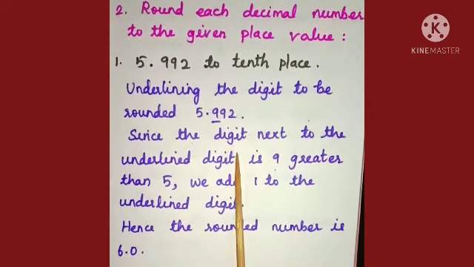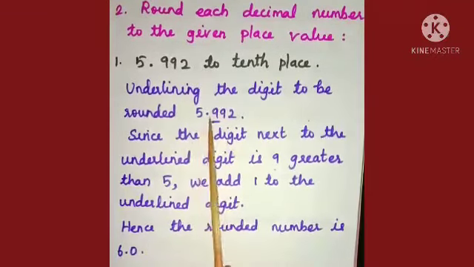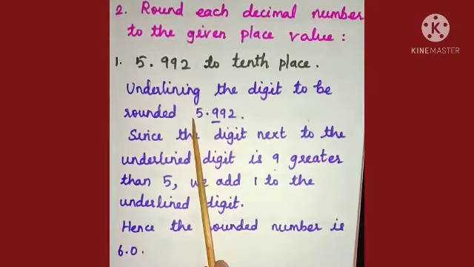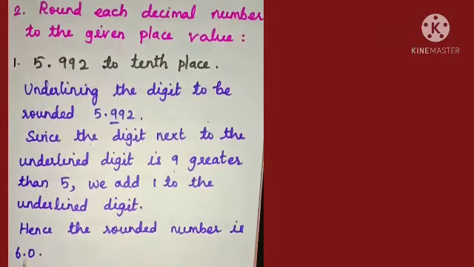Yes, we have to add 1 to the underlined digit. So here 9 is already there. When we add 9 with 1, what do we get? Yes, it is 10. So it becomes 0 and 1 goes to the whole part. So 5 is already there, so 5 plus 1 is 6. The rounded number is 6.0.